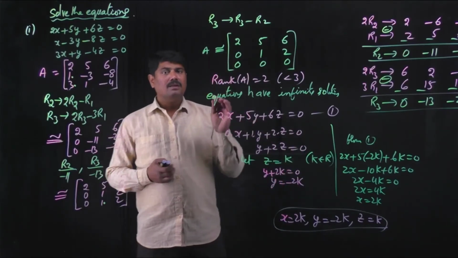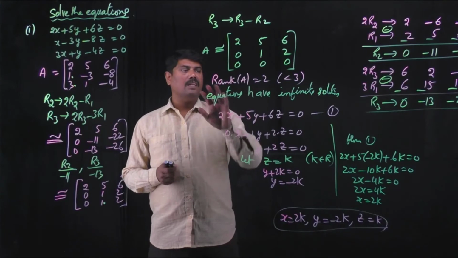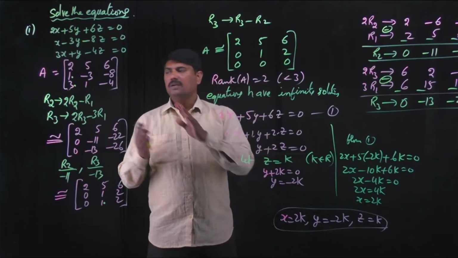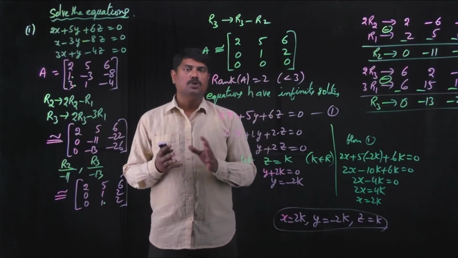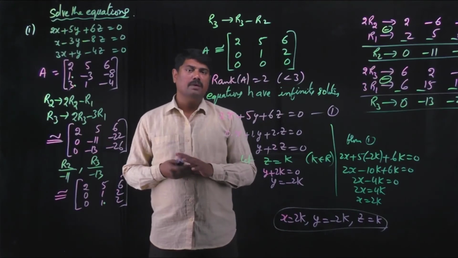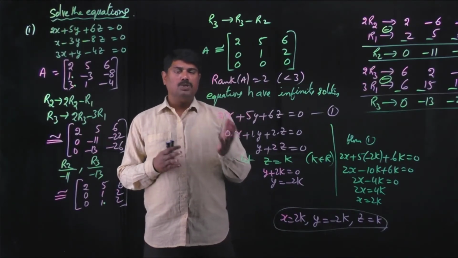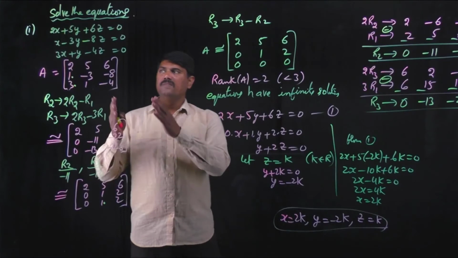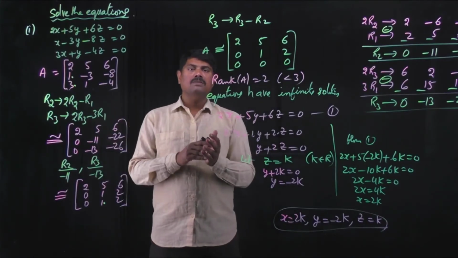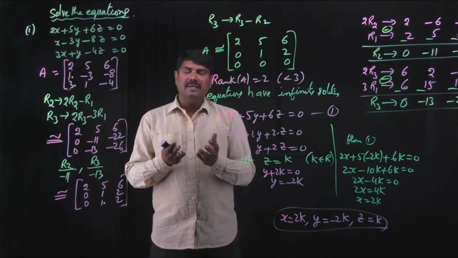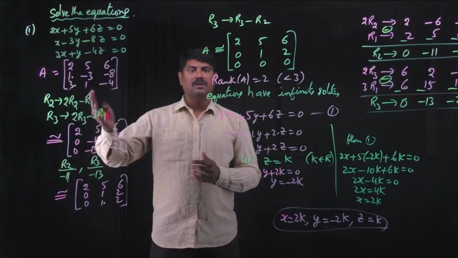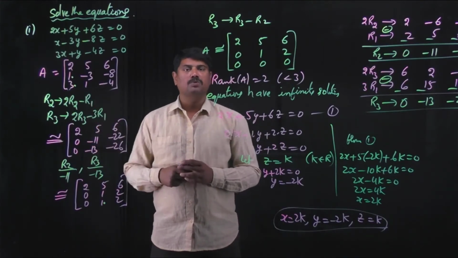Remember, a trivial solution occurs only when the rank of A is 3, or A is non-singular. From an objective point of view, the questions may be related to trivial solution and non-trivial solution. If the given equations have a trivial solution, that indirectly indicates the coefficient matrix is non-singular, whose determinant is not equal to 0.